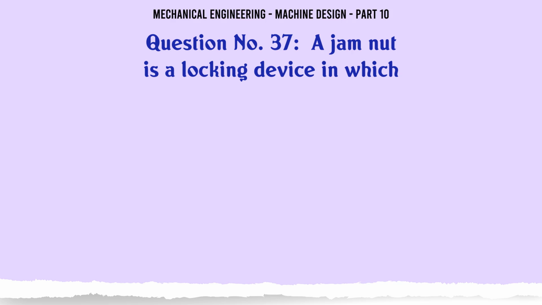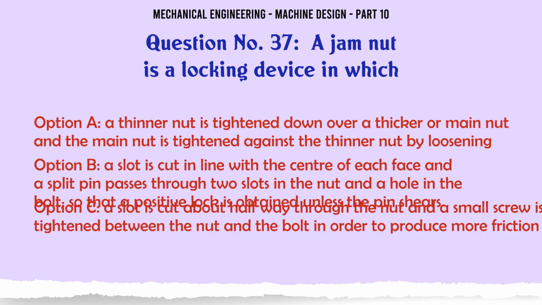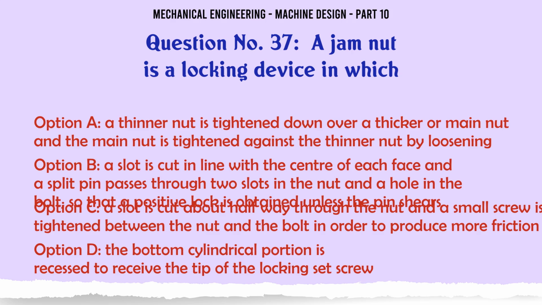A jam nut is a locking device in which A, a thinner nut is tightened down over a thicker or main nut and the main nut is tightened against the thinner nut by loosening. B, a slot is cut in line with the center of each face and a split pin passes through two slots in the nut and a hole in the bolt so that a positive lock is obtained unless the pin shears.